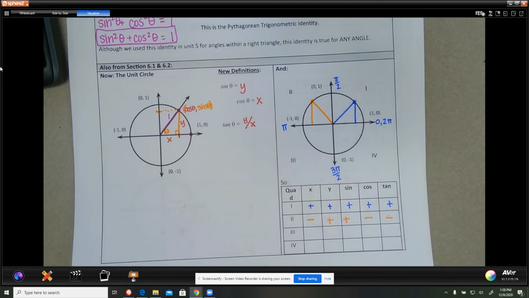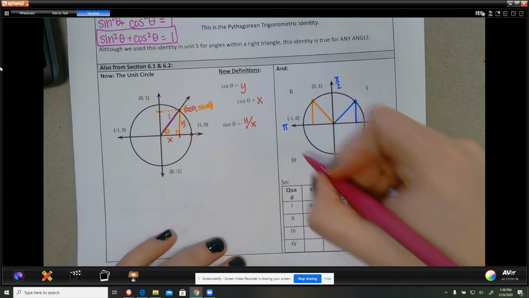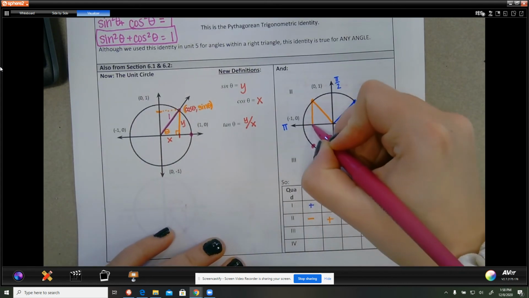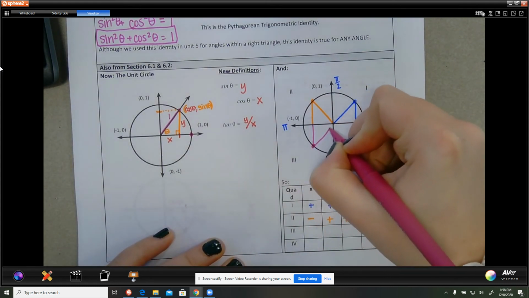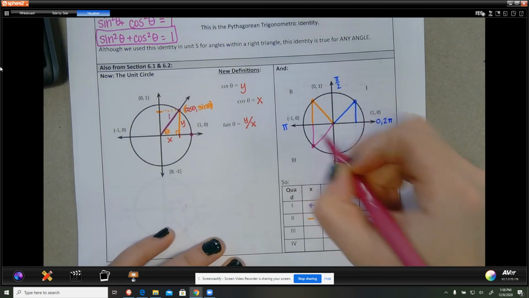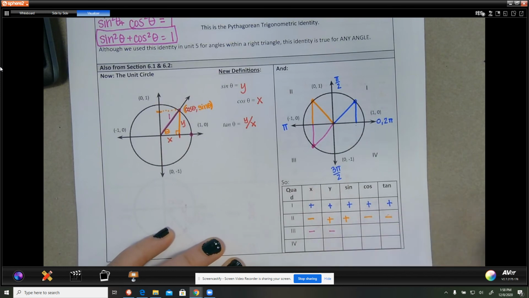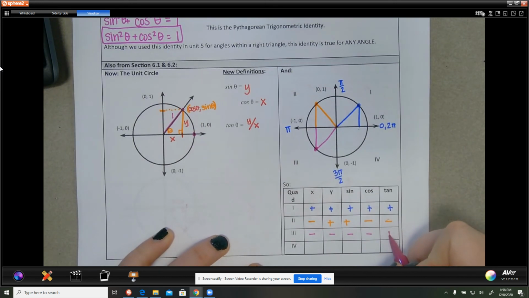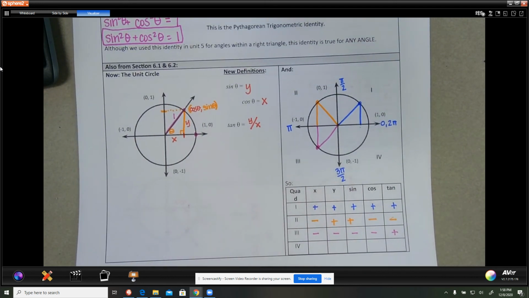Then let's say I was talking about this value over here. I would have to go back and down to get to that point. So x and y are both negative, which means sine and cosine are negative, and a negative divided by a negative is positive. So my tangent is positive on that one.